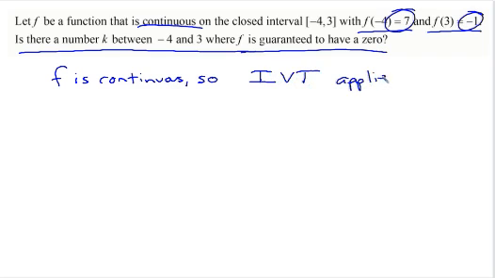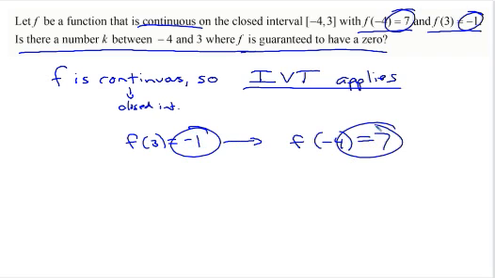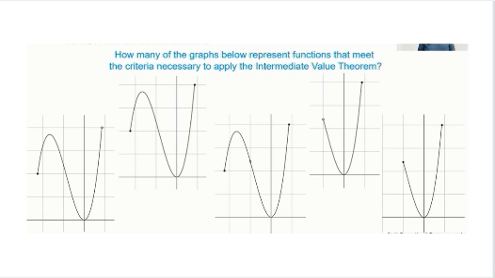We need to get used to saying that in the AP calculus world. Since f is continuous on a closed interval, the intermediate value theorem applies. We see that f of 3 was -1, and f of -4 was 7. We have this sign change, so yes, there's guaranteed a 0, most definitely.